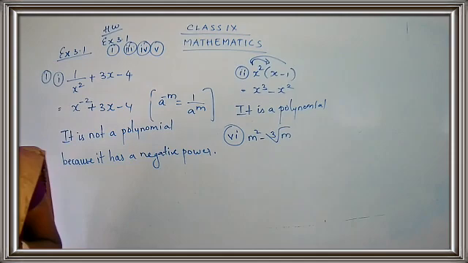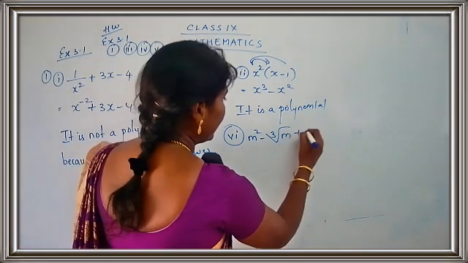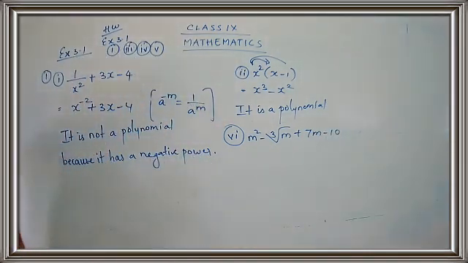Be careful. m square minus cube root of m plus 7m minus 10. Have you taken out the expression? m square minus cube root of m plus 7m minus 10.